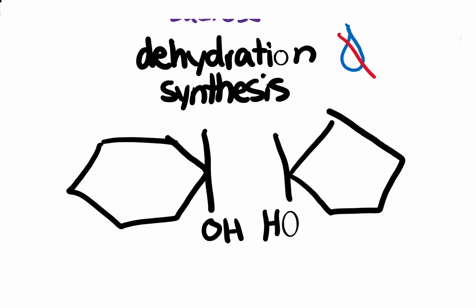So water is made up of H2O. Let's write this out. Water is made of H2O. So this is water. When you look at the two hydroxyl groups, you have 2 oxygens and 2 hydrogens.